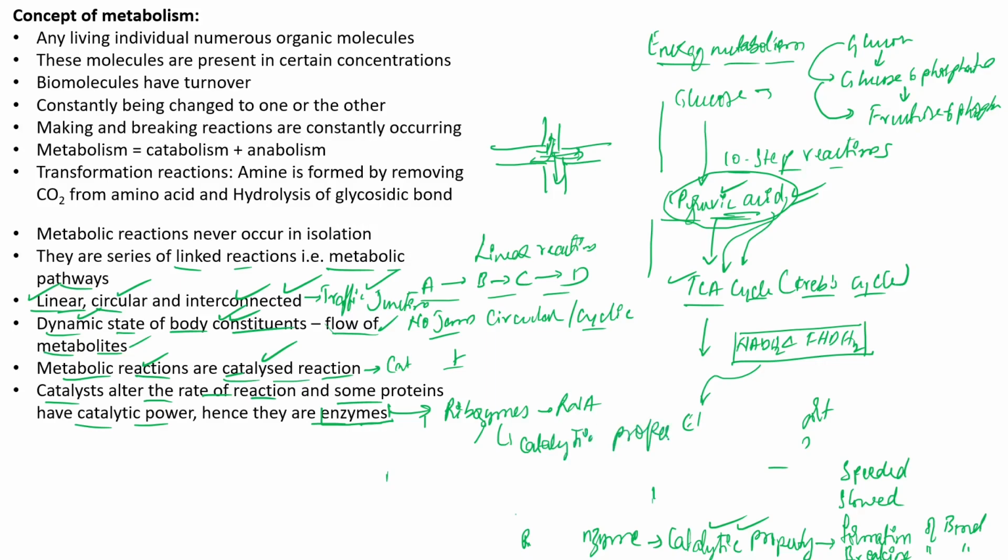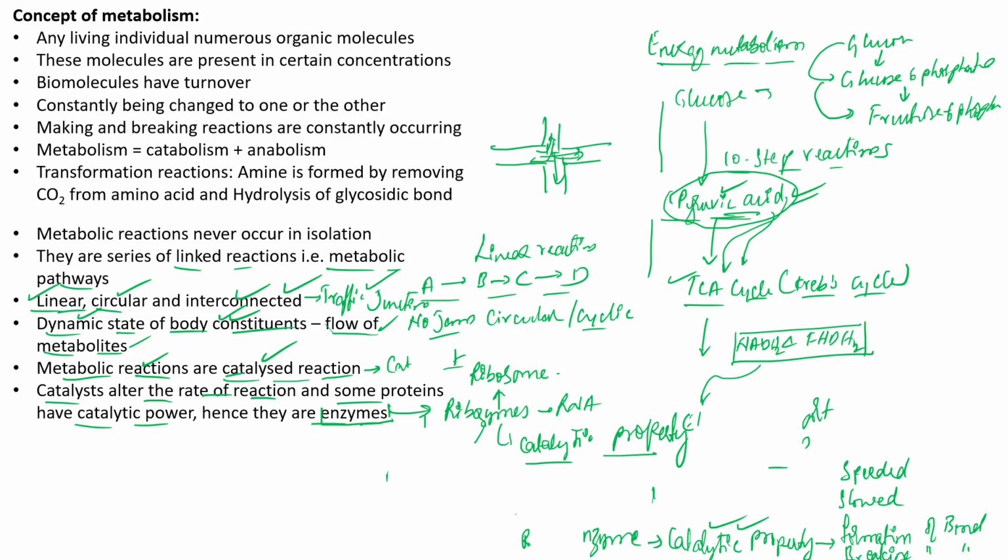An example for ribozyme is the ribosome. Remember this. Some questions have appeared in previous question papers asking which of the following is not made up of protein and yet has a catalytic property. It is mainly the ribosome. The option they give may be ribozyme or ribosome; all of it actually means the same.